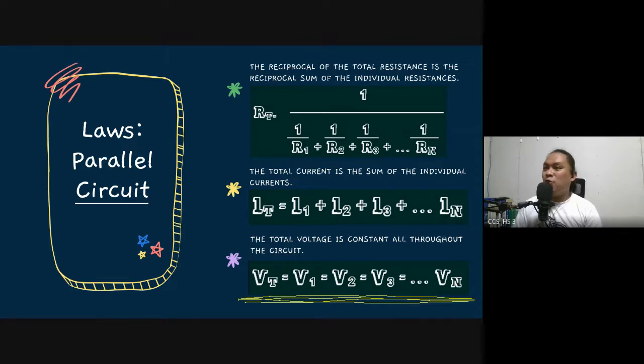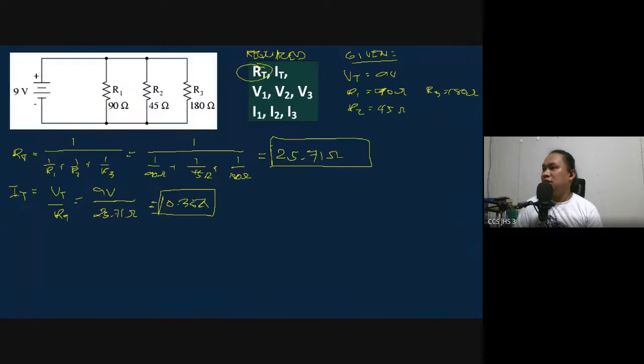Now, going back to our problem, the total current is 0.35 ampere, so it is no longer equal to the value of the individual currents. The total voltage is equal to 9 volts.